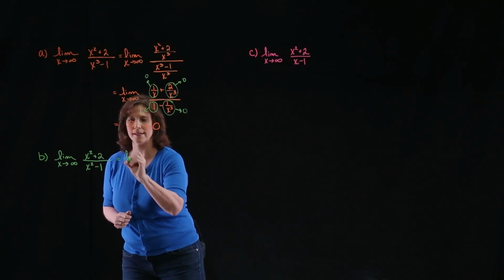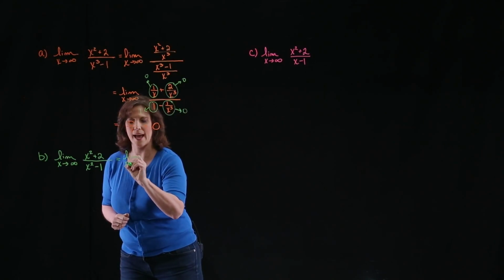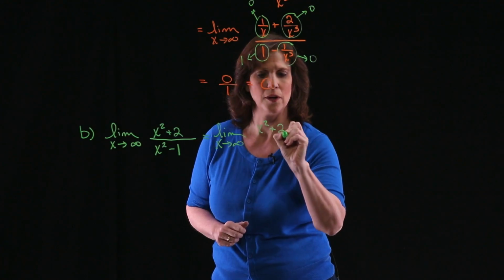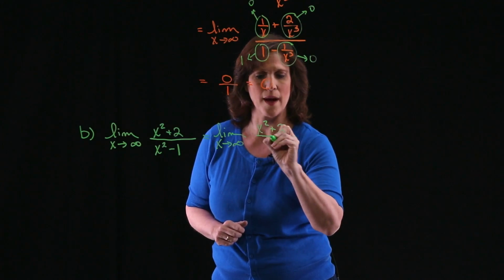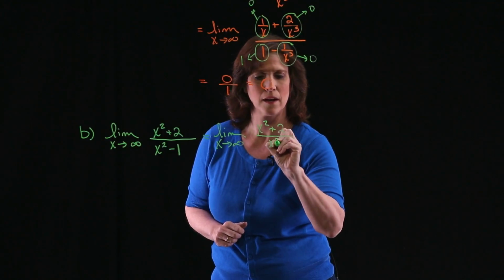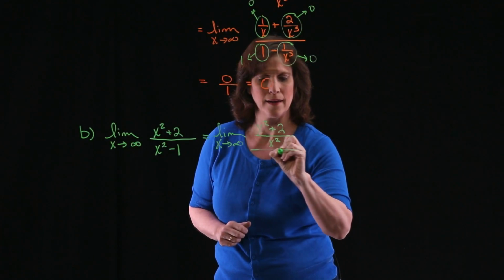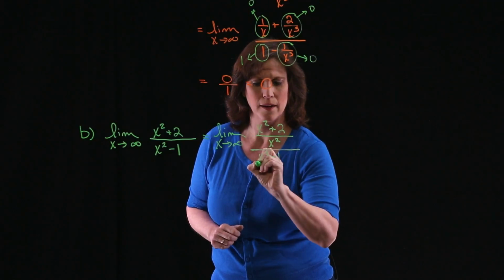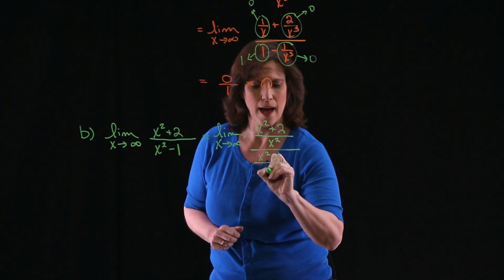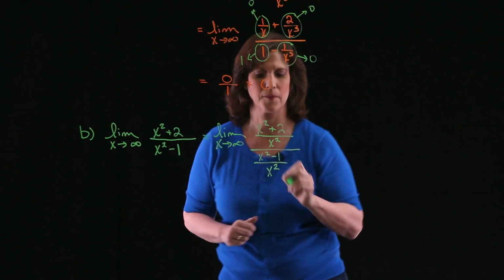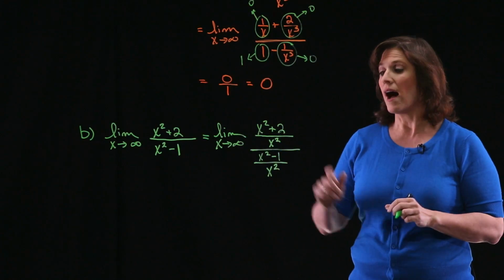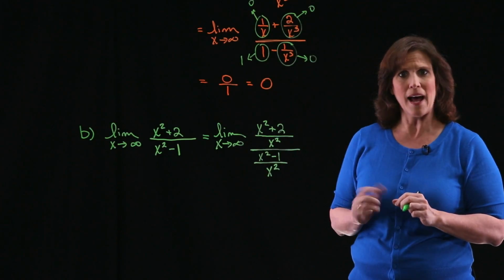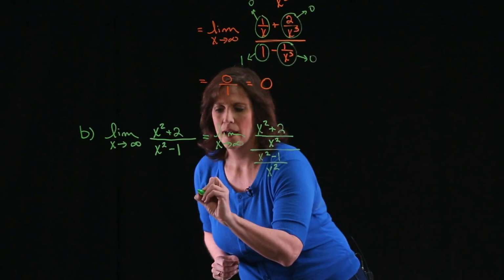So I'll rewrite this as the limit as x approaches infinity of x squared plus 2 all over x squared divided by x squared minus 1 all over x squared. And I'm going to rewrite this, again, kind of like what I did before.